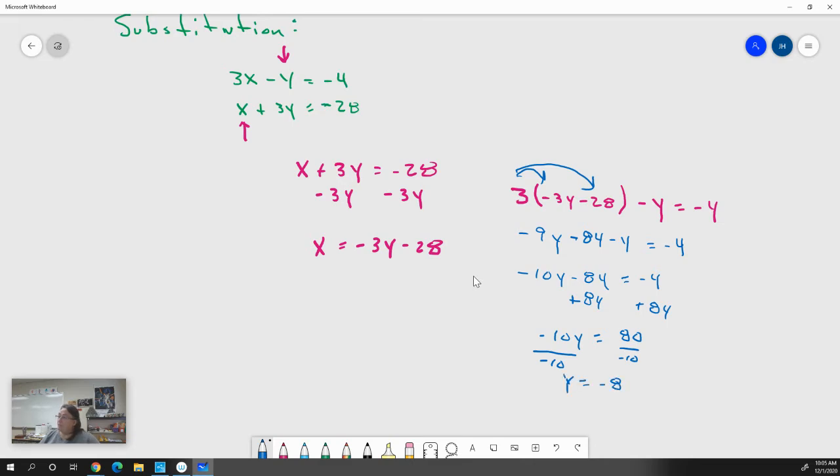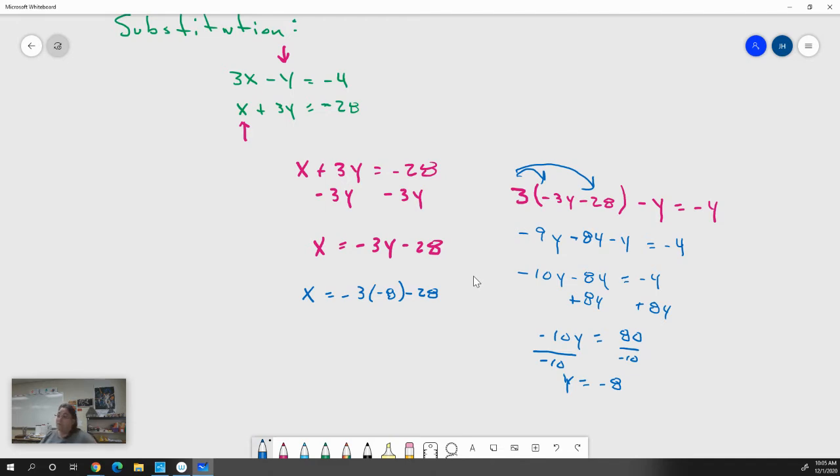The cool thing is once I know what my y is, it's really easy to figure out what my x is going to be. I can go all the way up to the original equation, or I can come right here and go x equals minus 3y minus 28, but what do we know y to be? Negative 8. No matter which equation I use, I should get the same answer.